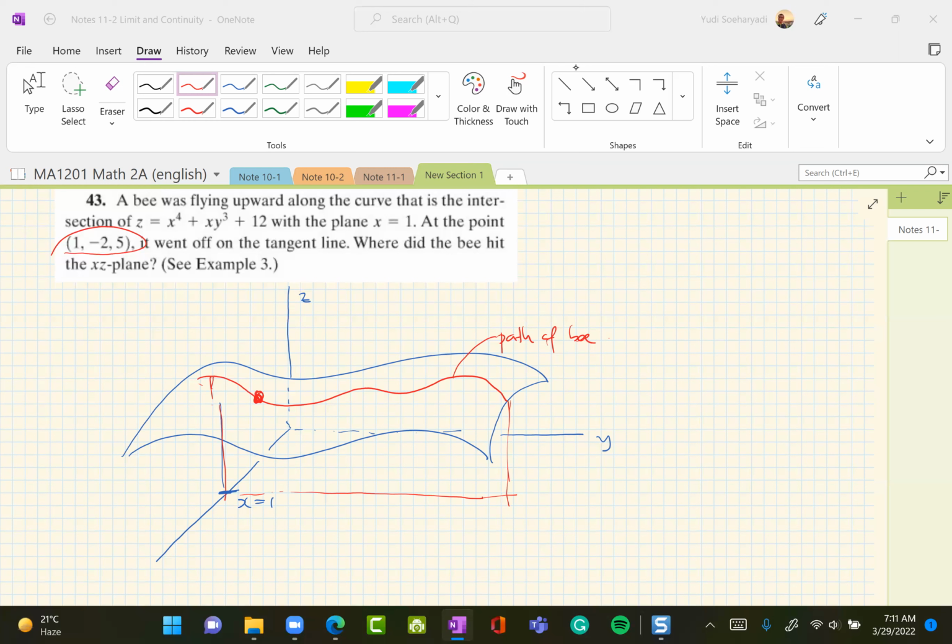So it is tangent at this point. So it went off and hit this plane here. So the question is, what are the coordinates of this point?